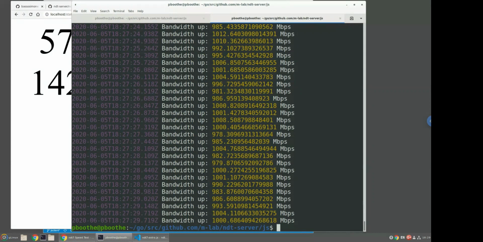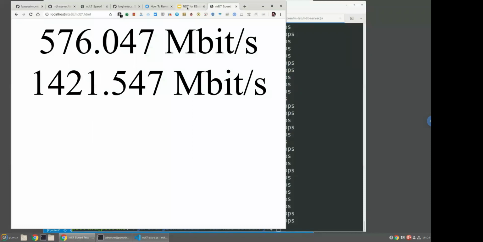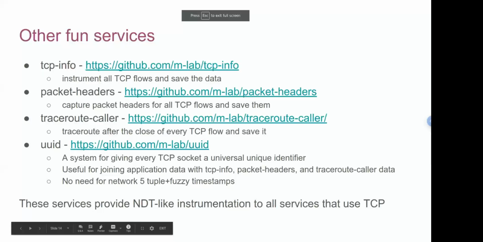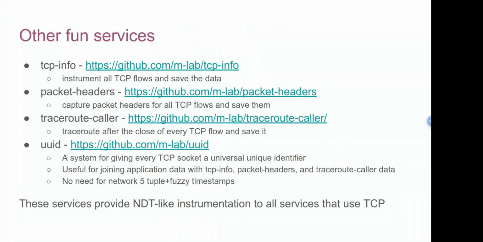So this is a great show. We've shown you that we can run our own client, run our own server, run connected to the local server, and also connect to MLab's global network of servers. So we've got servers all around the world. We've got a service you can use, and we have what we've been calling sidecar services that give you access to all the things you might want, or at least that we think you might want.